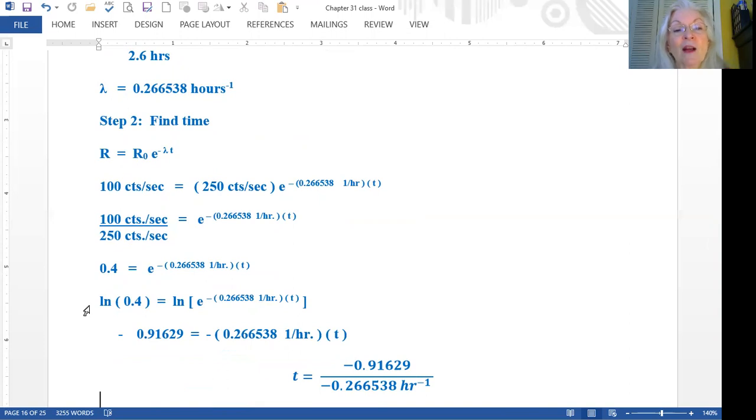And then it's e raised to the minus lambda, which we just found, times little t. We can't do anything inside the e until we get rid of this 250 and move it to the other side. So 100 divided by 250 gives us 0.4. So 0.4 is equal to e to the minus lambda times t.